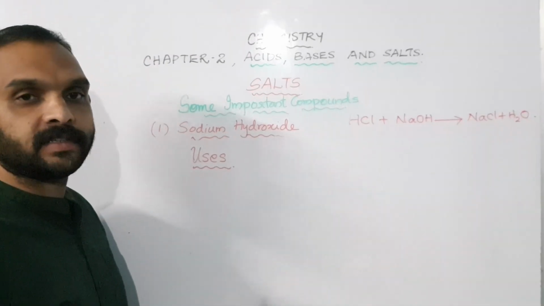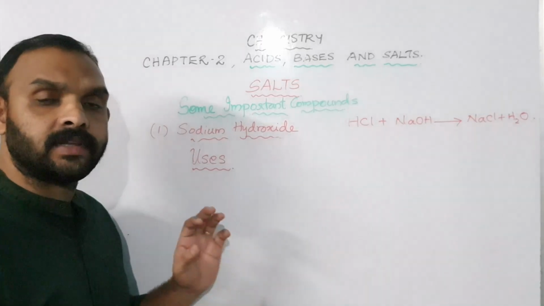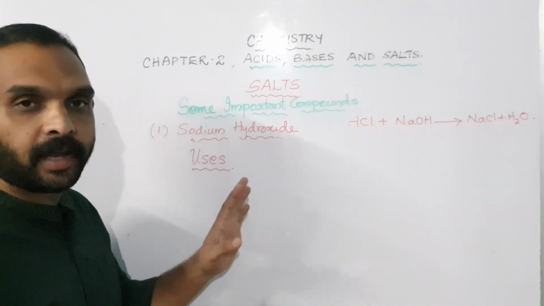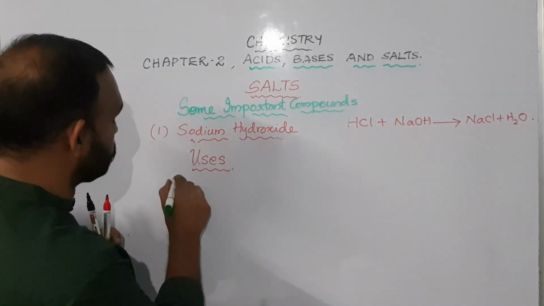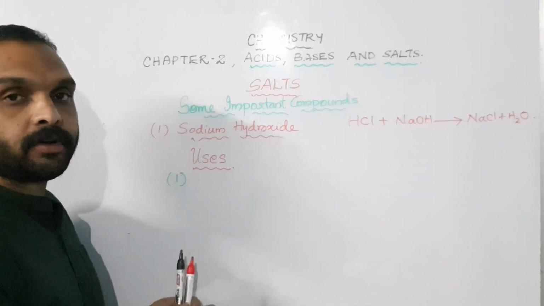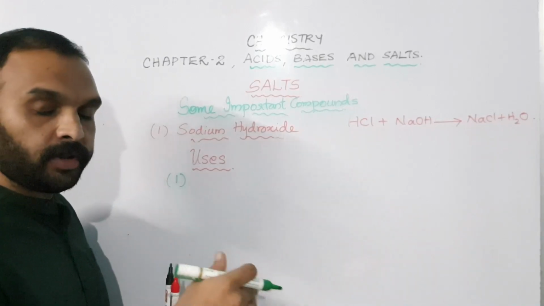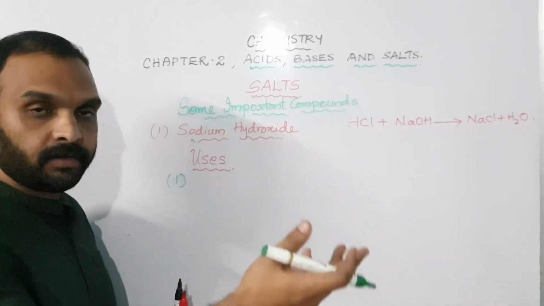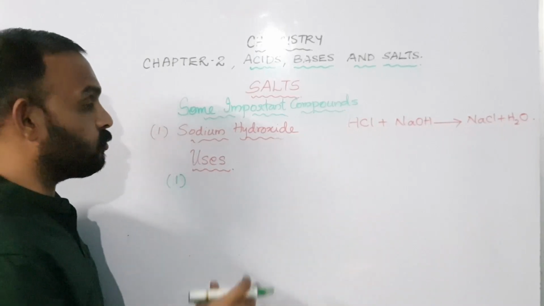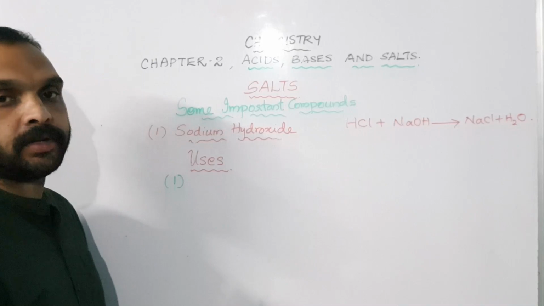Now its uses. It has got many uses. We are going to list some important uses only here. Okay? So the first use of caustic soda is, it is used in the preparation of soaps. You know that we are going to study about the preparation of soaps in another chapter, but sodium hydroxide is one of the main components for the preparation of soaps.